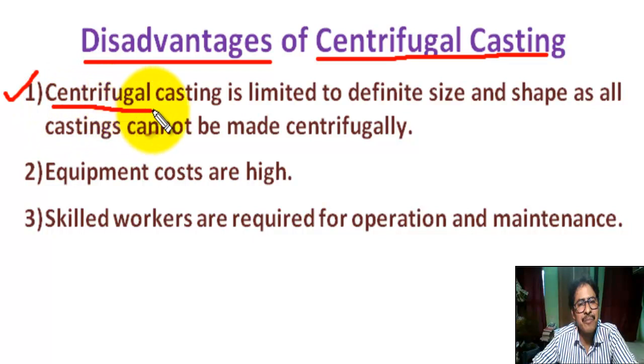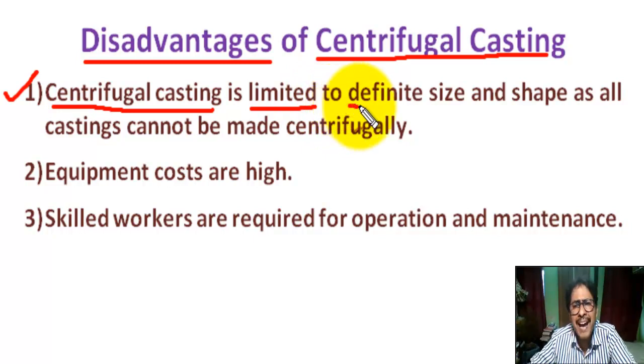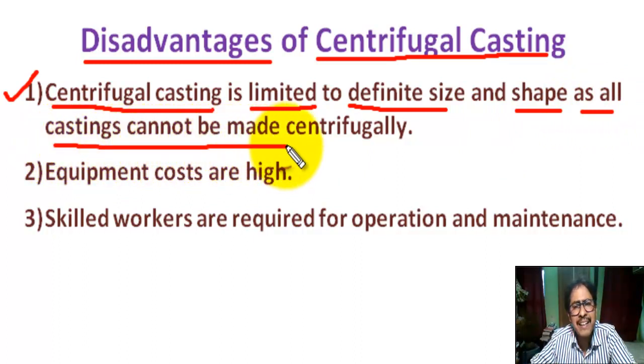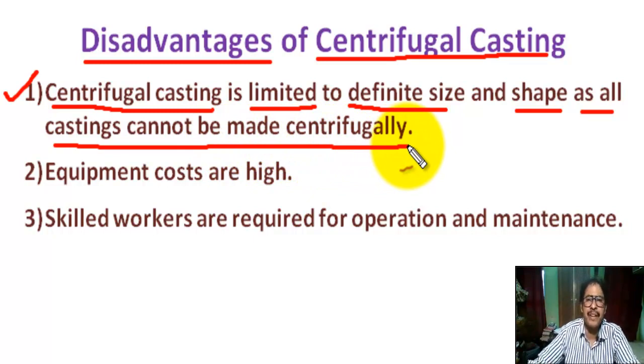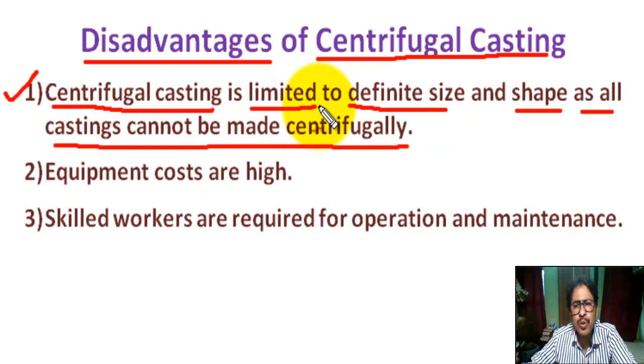Number 1, centrifugal casting has some limitation to definite size and shape, mainly symmetrical shapes, as all castings cannot be made centrifugally.